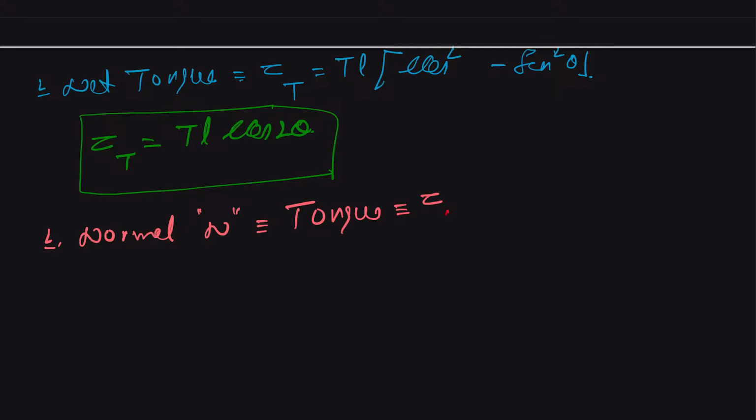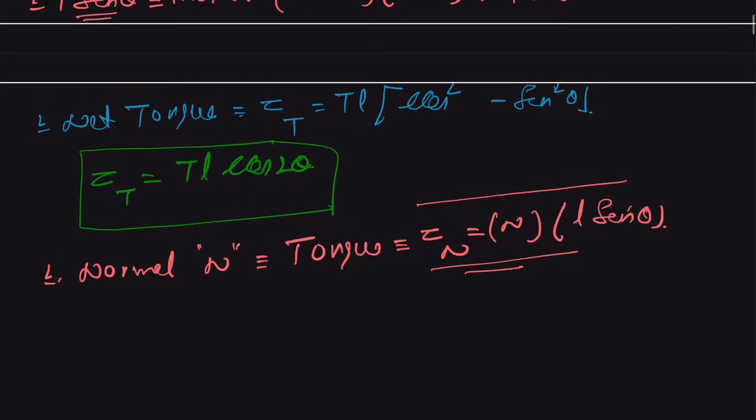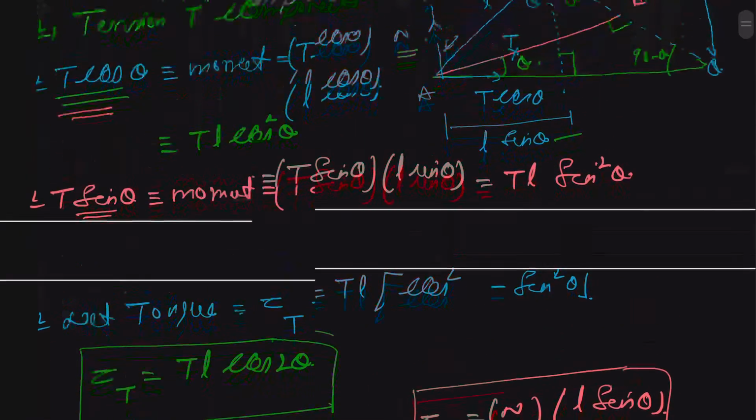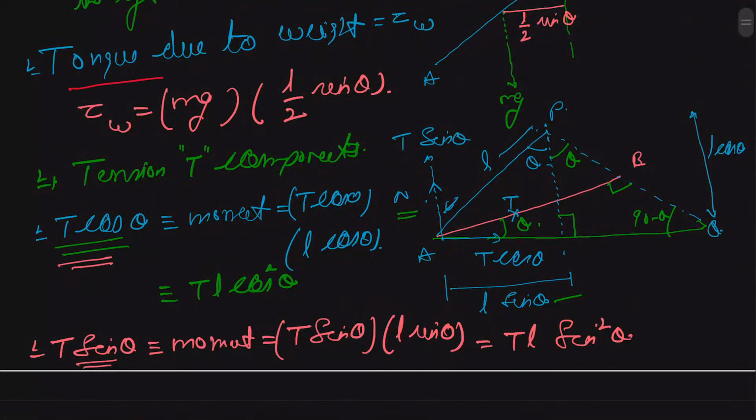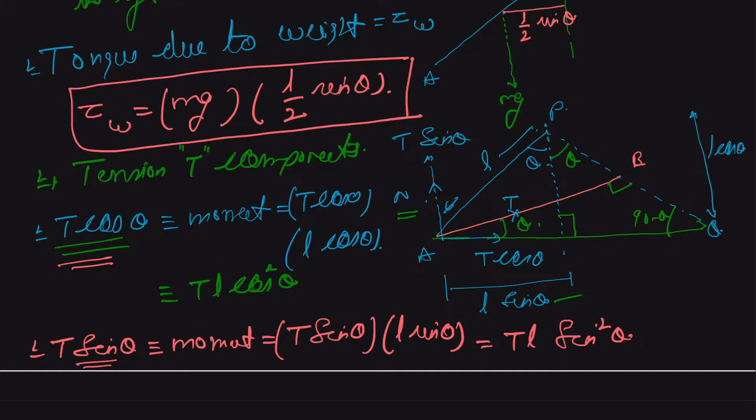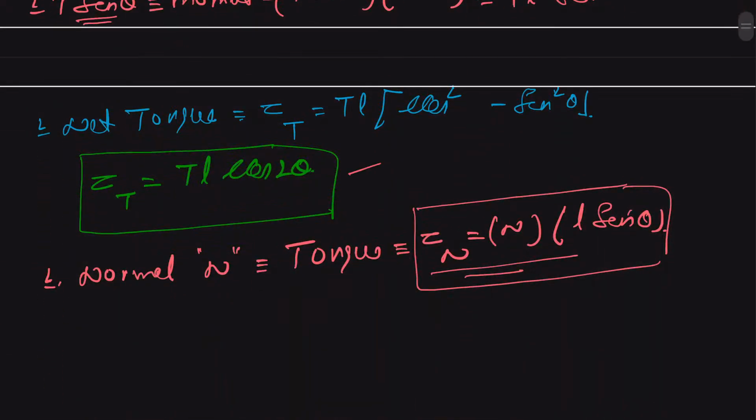Let us call this tau n, and tau n will be the force multiplied by our lever arm, that is n sine of theta. Now we have three torque equations. First torque is because of our mass mg, that is our weight. Then because of our tension T, and finally because of this normal.